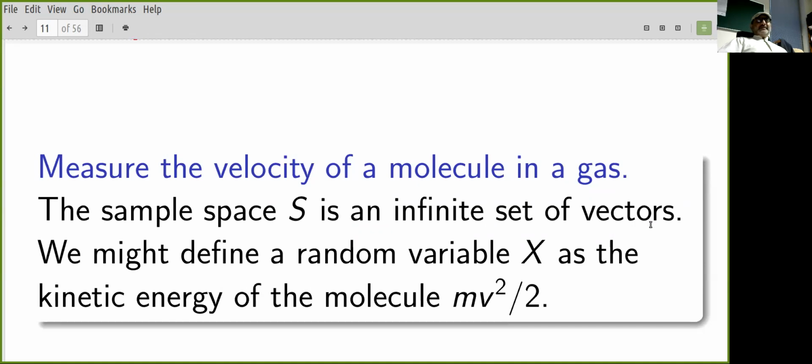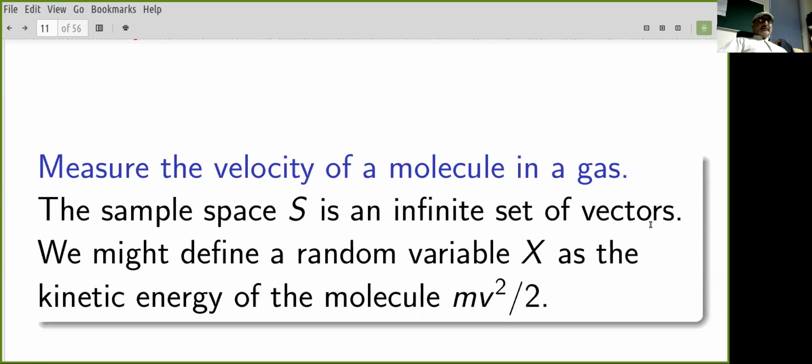The sample space is an infinite set of vectors, and they lie in a continuum, right? Their components could be any real number. And we define a random variable as the kinetic energy of the molecule, mv²/2. So that takes values anywhere from 0 to any real number short of infinity.